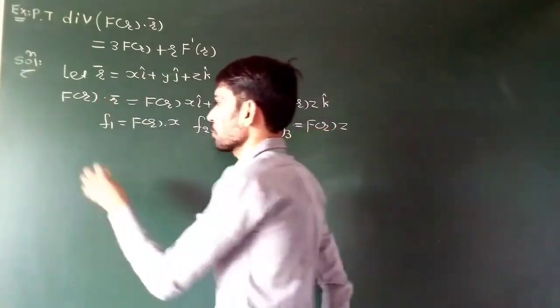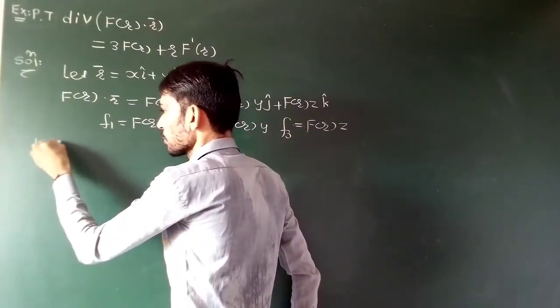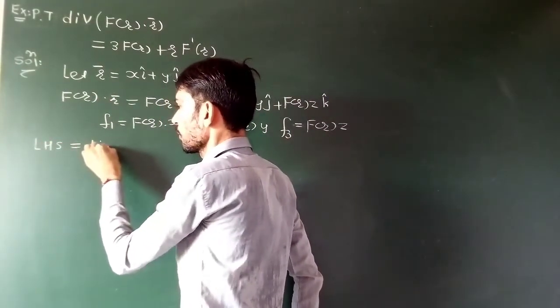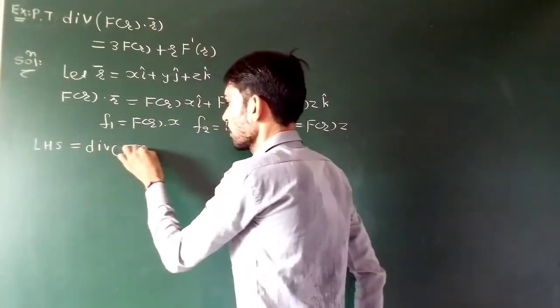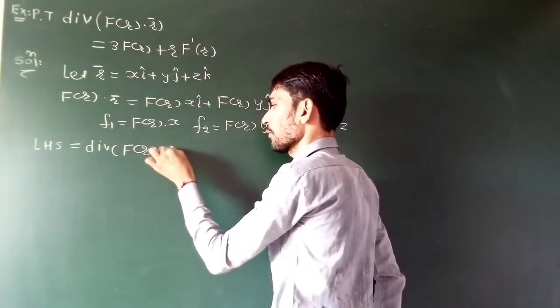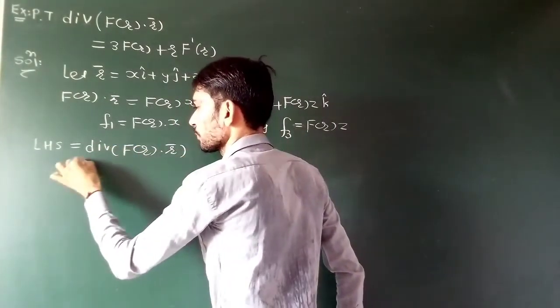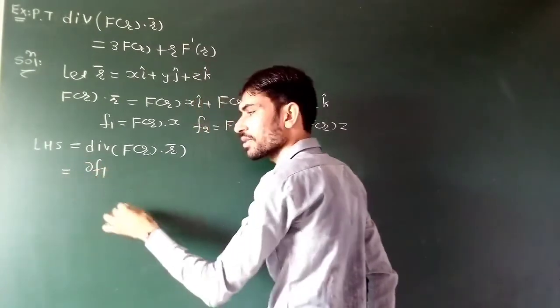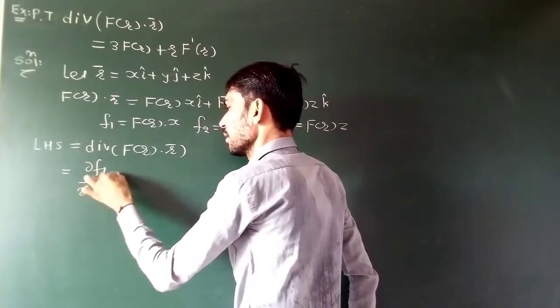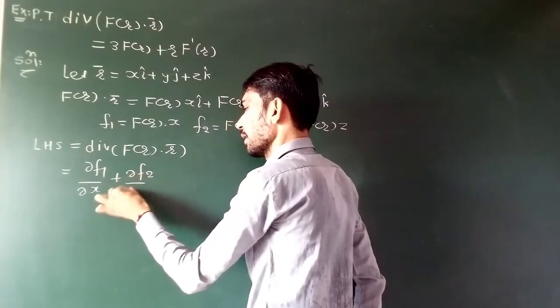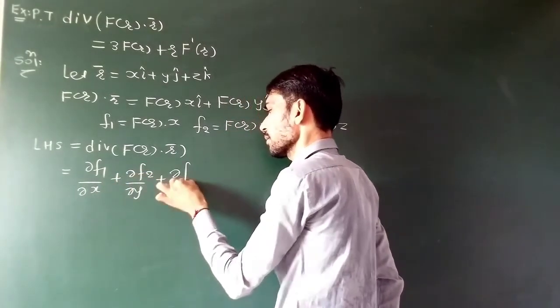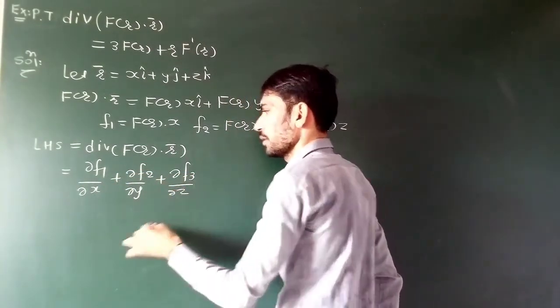So here we prove. Start with the LHS side. So LHS is equal to divergence of F of r dot product with the r bar, is equal to, the formula of the divergence is del f1 upon del x plus del f2 upon del y plus del f3 upon del z.